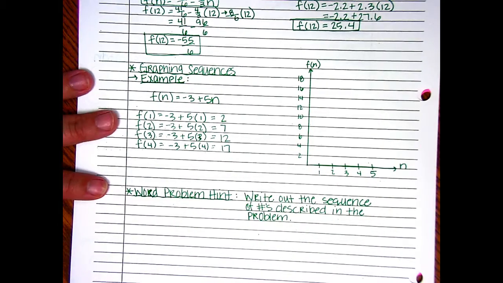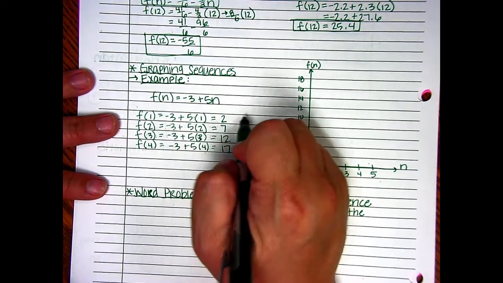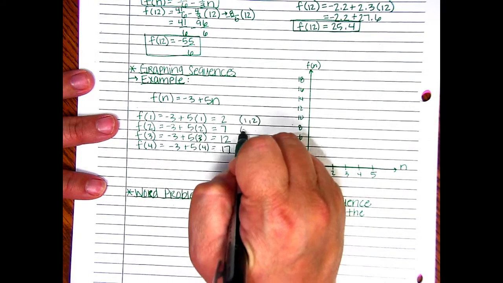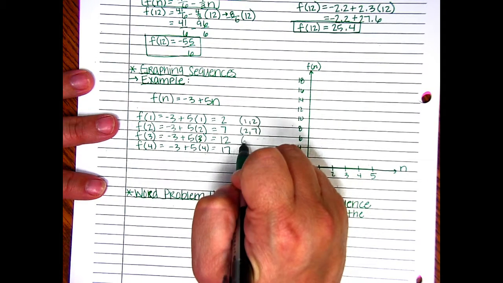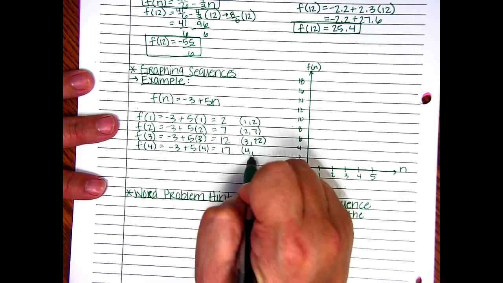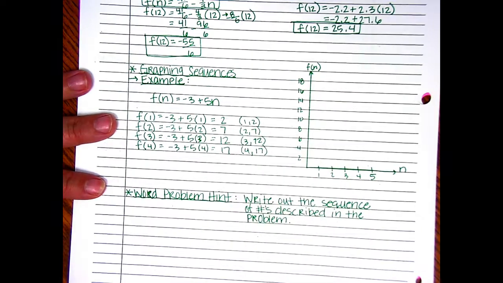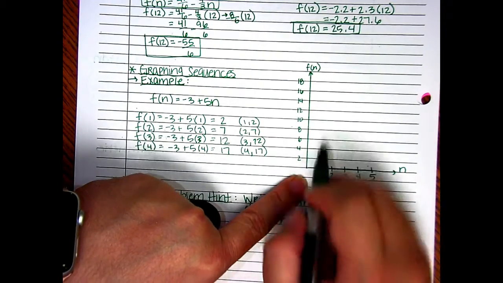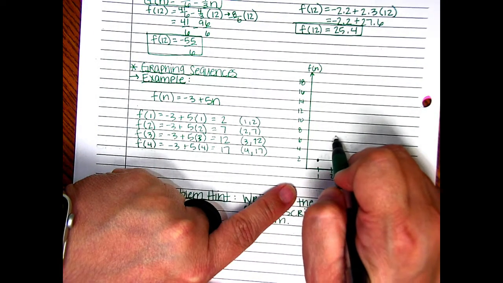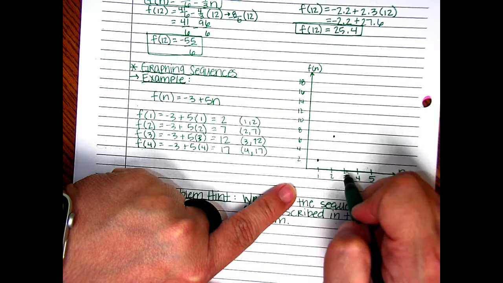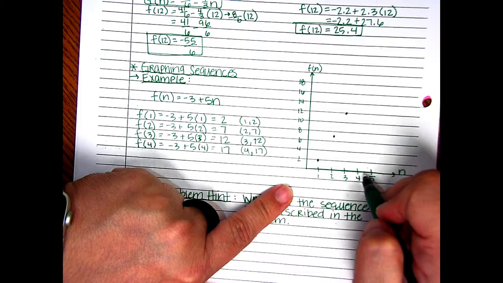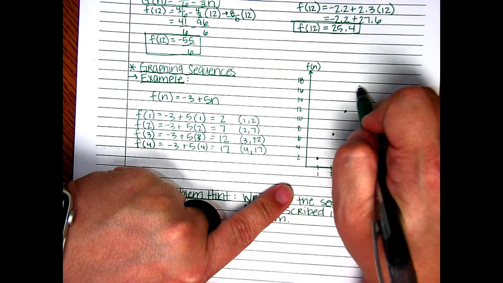Okay, your ordered pairs, it's your input and output. So it's 1, 2; 2, 7; 3, 12; 4, 17. So I have 1, 2; 2, 7; 3, 12; 4, 17.